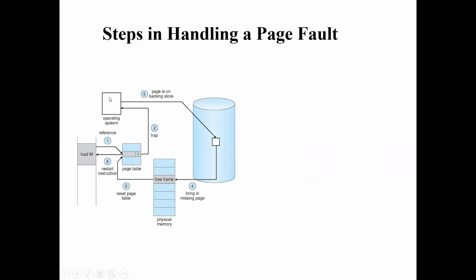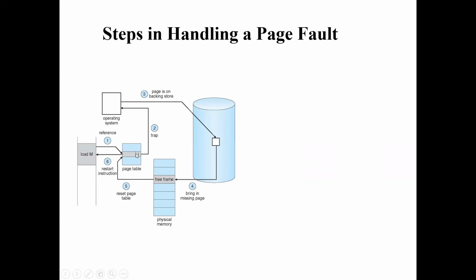The operating system sends a signal to the backing store to see whether that page is available there. If that page is available in the backing store, it brings that missing page to the physical memory. When it brings that page to the physical memory, it checks and finds a free frame and puts that page into that frame, and then it resets the page table.